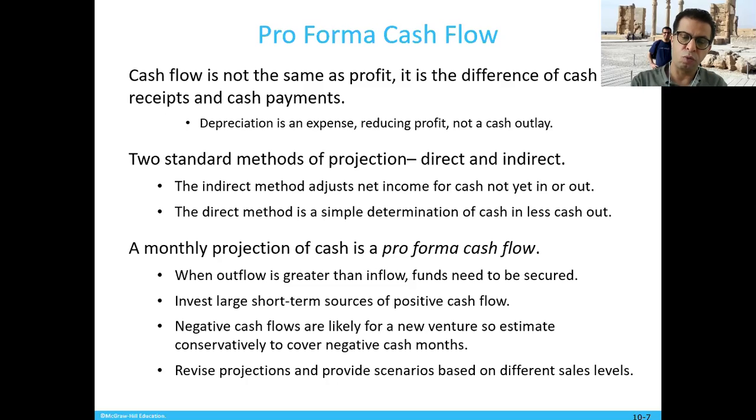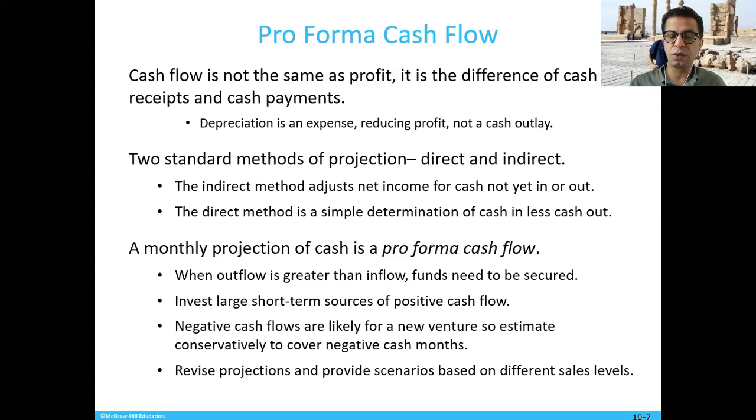This is one way. And the other way is how much money you have coming in and how much money is leaving. So a monthly projection of cash is a pro forma of cash flow. When the outflow is greater than the inflow, then you need to secure more cash.